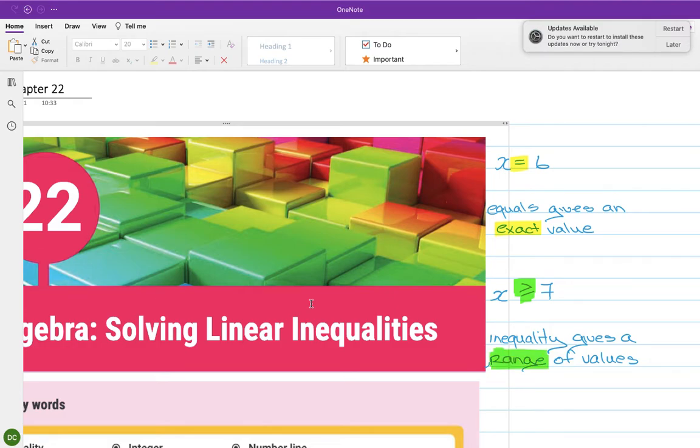So x being greater than or equal to 7, it depends which number set it comes from, but let's go with natural numbers: it's 7, 8, 9, 10, 11, 12 to infinity. It's a set of answers. They're not giving us the exact answer, they're saying that x could be any value in this set. So that's the difference in terms of understanding between an equals and an inequality.